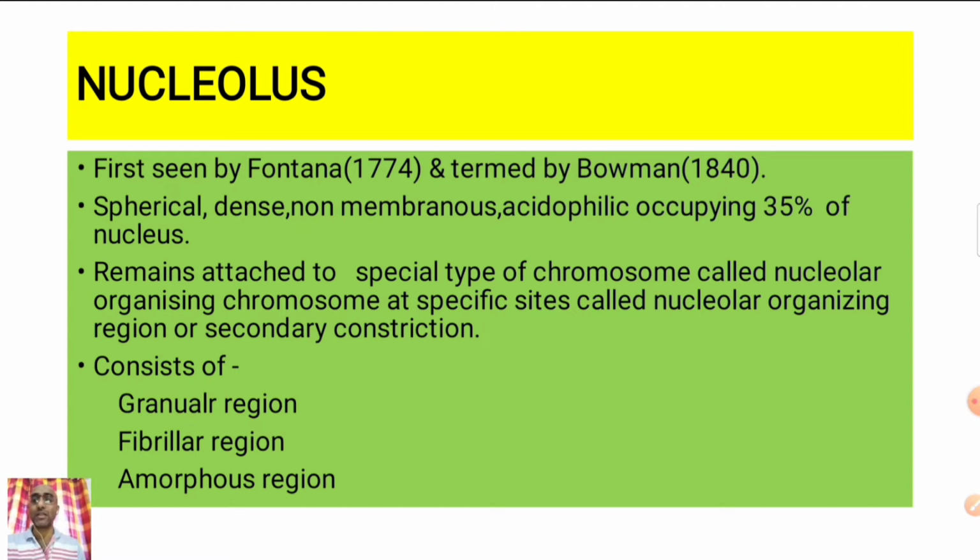You will know about it if you go into the details of chromosome structure that I have already given in this channel. Now, the nucleolus consists of three regions: granular region, fibrillar region, and the third one is the amorphous region.